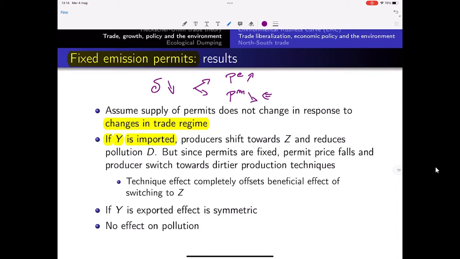That for the importer, you're going to even produce less of Y. So this means that you're going to produce fewer units of Y and increase the production of Z. But this means that pollution goes down.